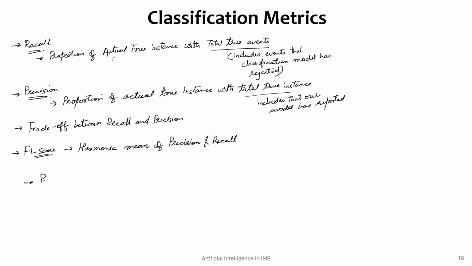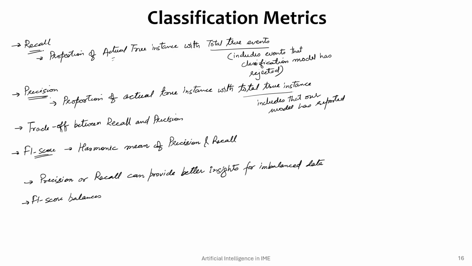Because precision or recall can provide better insights for imbalanced data, and the F1 score balances precision and recall, and we utilize the F1 score when both precision and recall are of high importance.